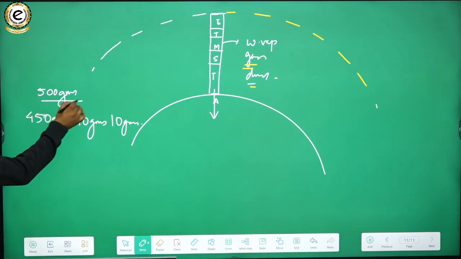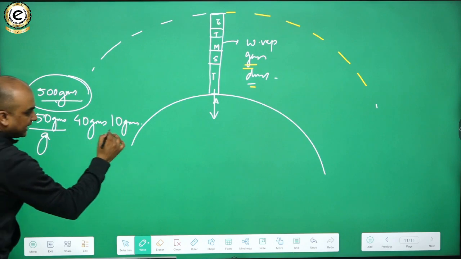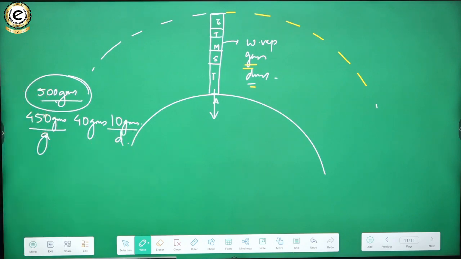So if from the total pressure I subtract the pressure exerted by the gases and the dust particles, I get the pressure exerted by vapor only. That is known as vapor pressure.